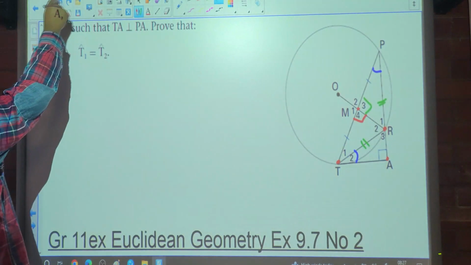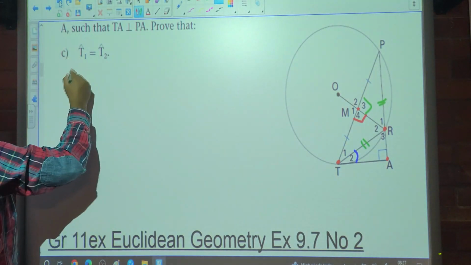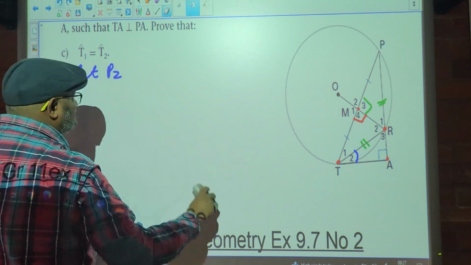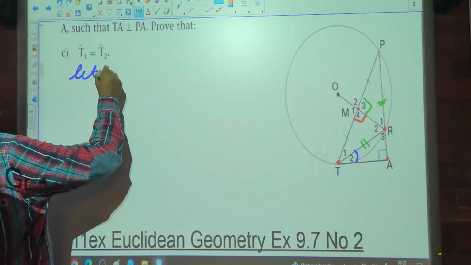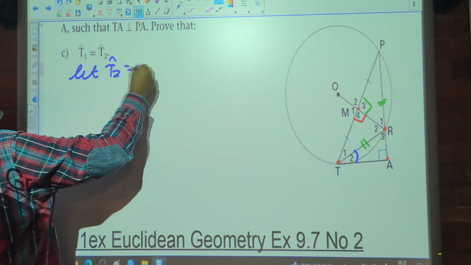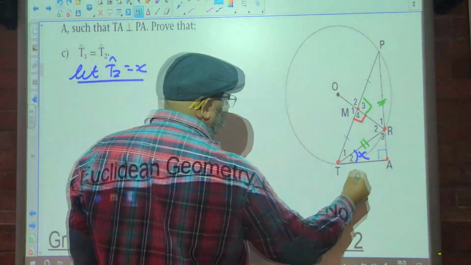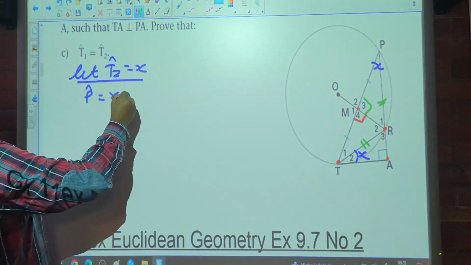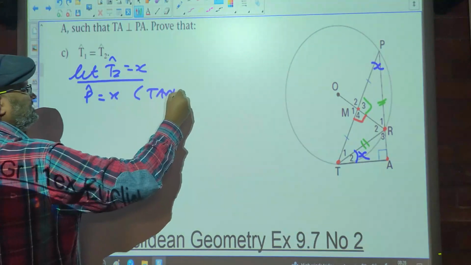But if you're that kind of girl that always wants to bring in your X, so we say that angle T2 equals X. Then angle P is equal to X. Why? Tan chord theorem as we said.